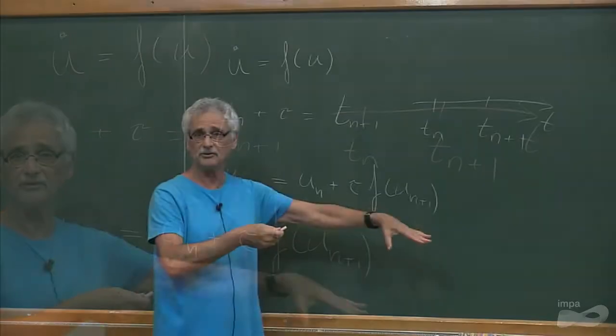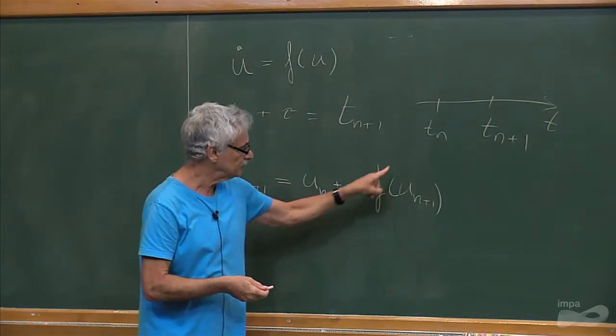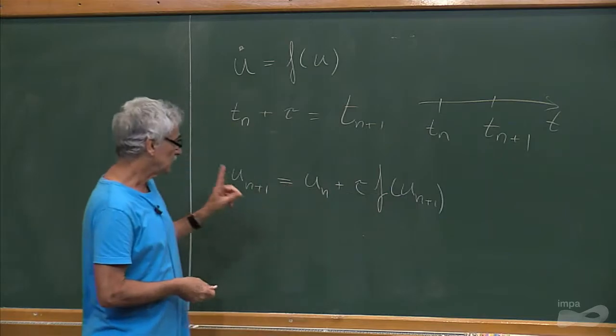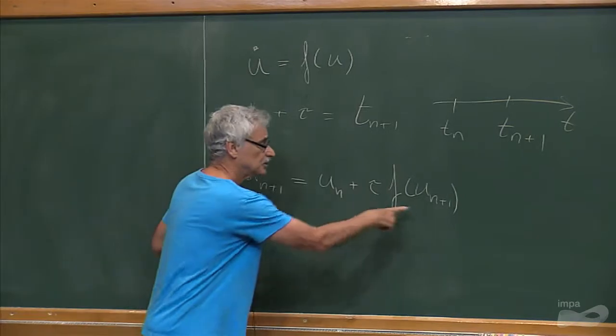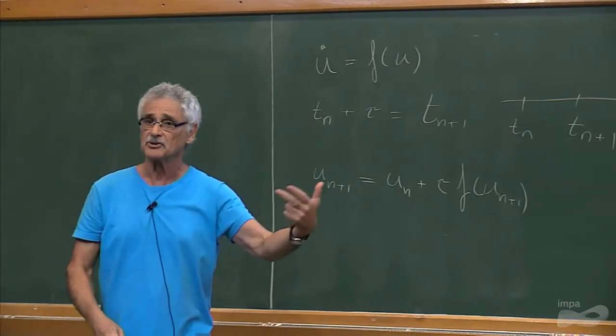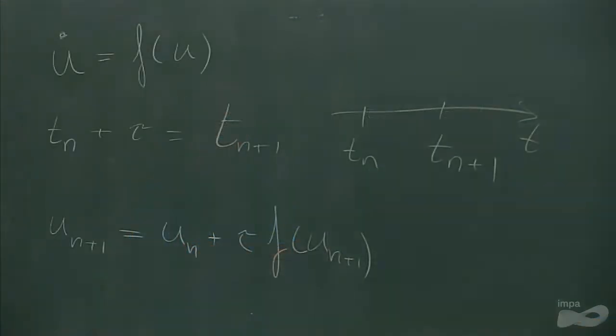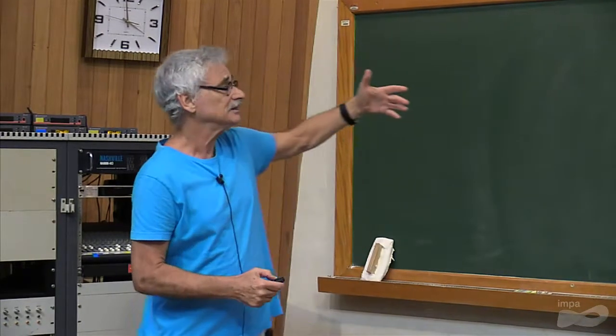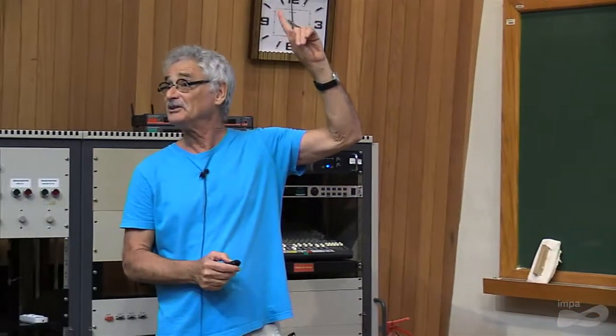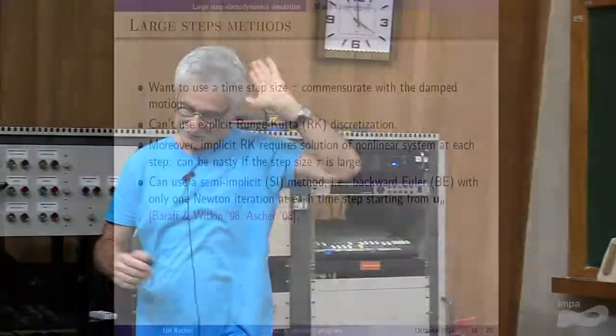So you have to do something implicit, meaning you have here an implicit guy. Our known guy is this, our unknown guy is this, and it appears here and here, and therefore you have a nonlinear system to solve at this step. And so they said, oh, this is difficult to solve. Therefore, let's apply Newton's method for nonlinear equations, and take only one step of Newton, one iteration of Newton's method, and then not look backward.